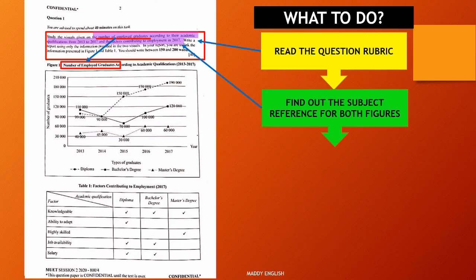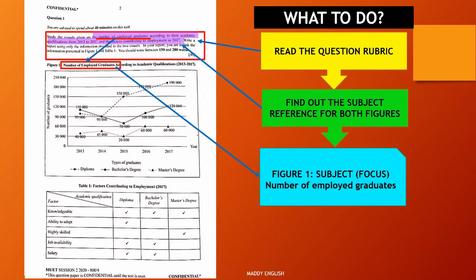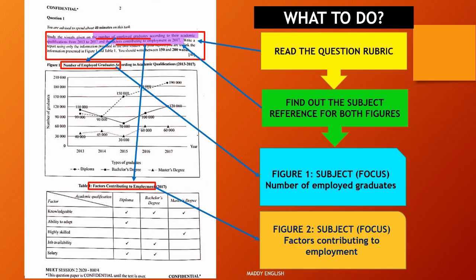Check the titles out. So the focus of Figure 1 is the number of employed graduates. Whereas for Table 1, the factors contributing to the employment in 2017 is the subject for Figure 2, factors contributing to employment.